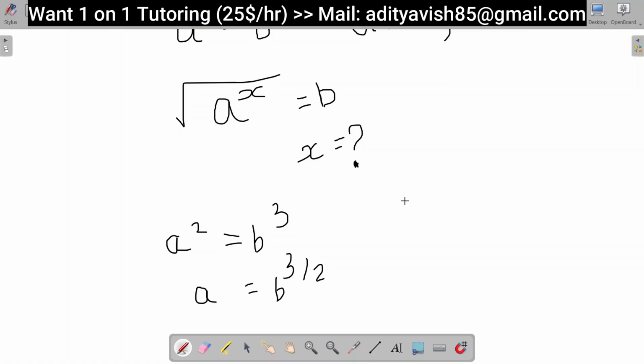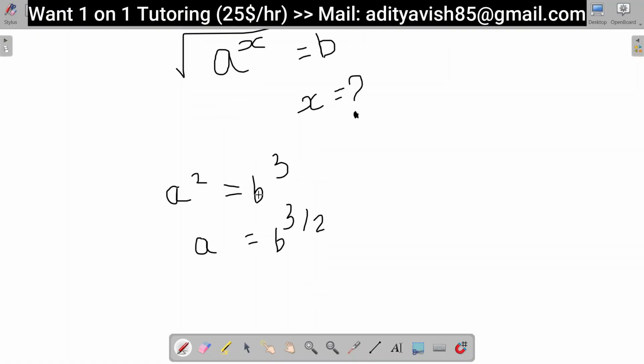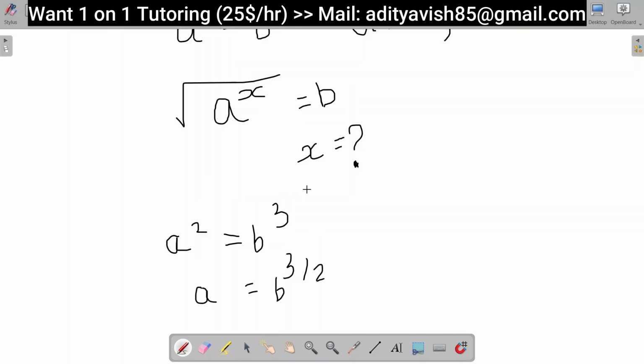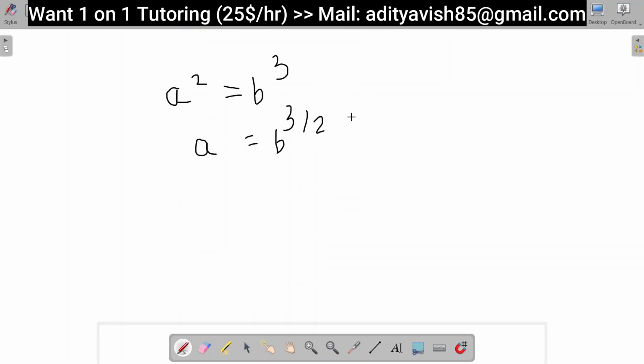So what we should do is write b in terms of a, because this will become easy that way.